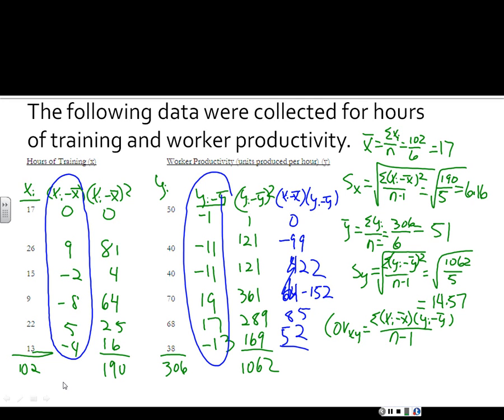So we'll add all this up. And I got minus 92. So this is equal to minus 92 divided by n minus 1, which is 5. So I'm going to have minus 18.4. So that's the covariance.